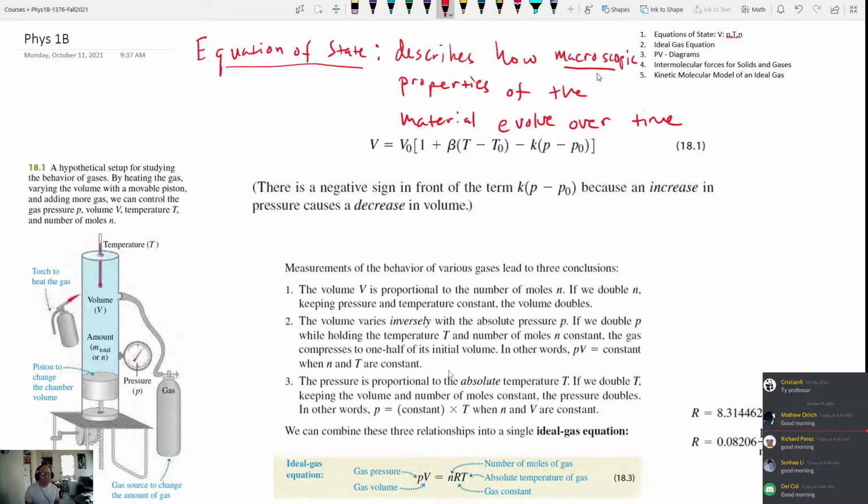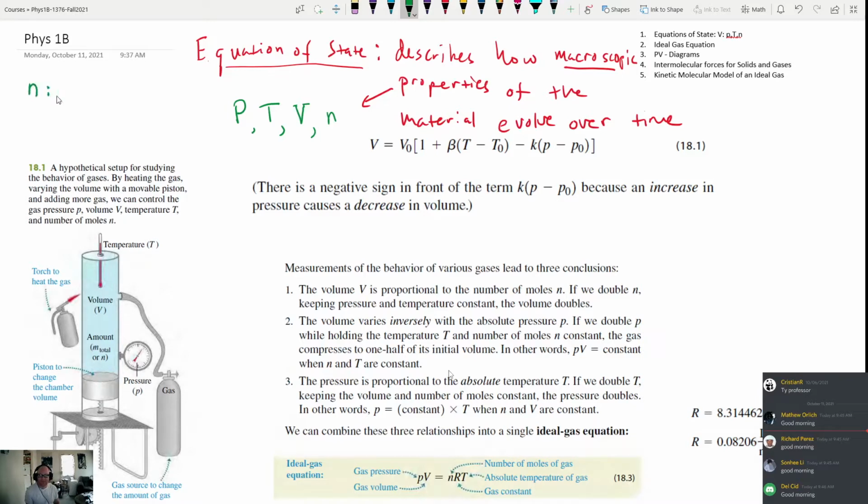The macroscopic properties are things like, as I said, pressure, temperature, volume of the substance, how much space it occupies, right? And then also little n, okay? And n is going to be the amount of the substance.